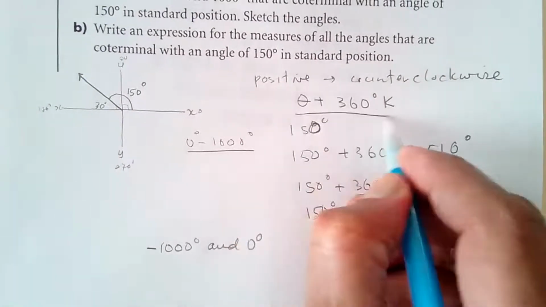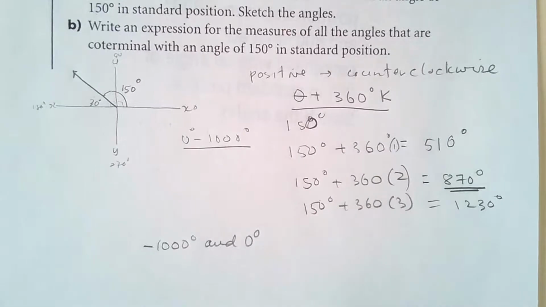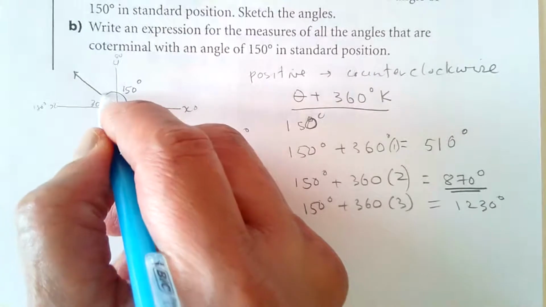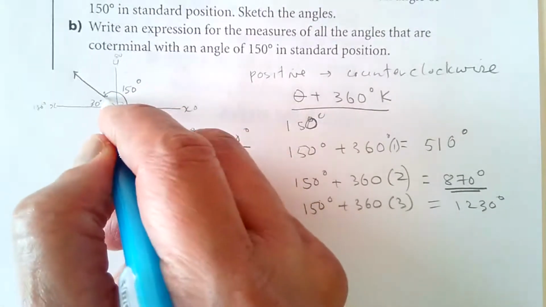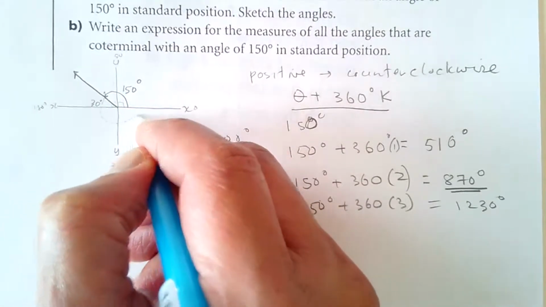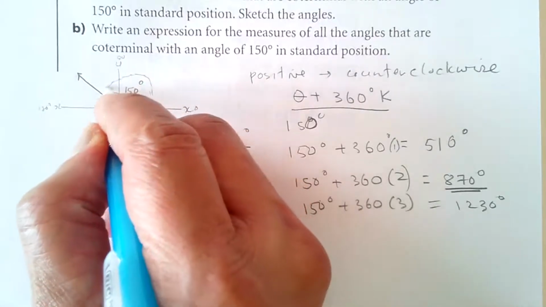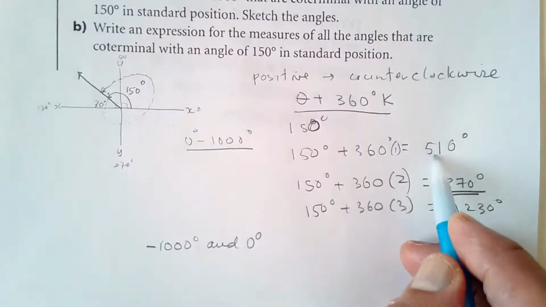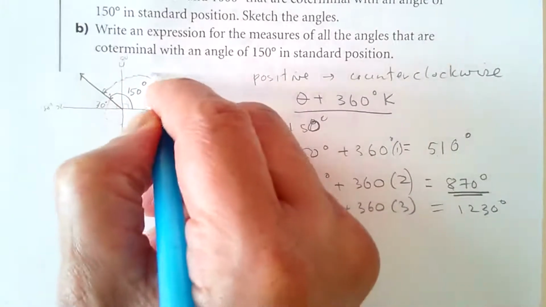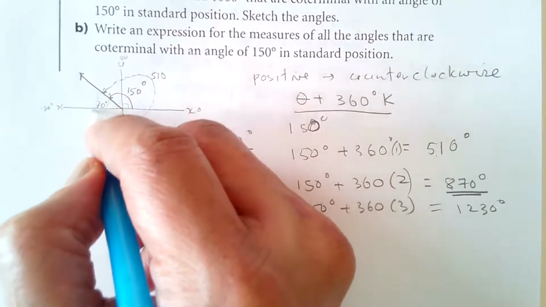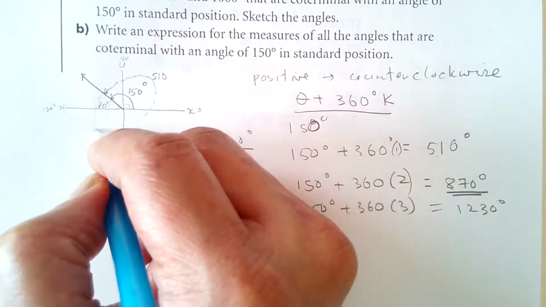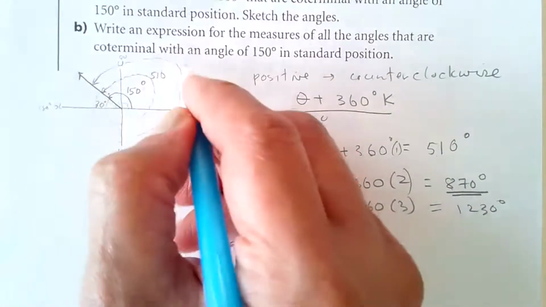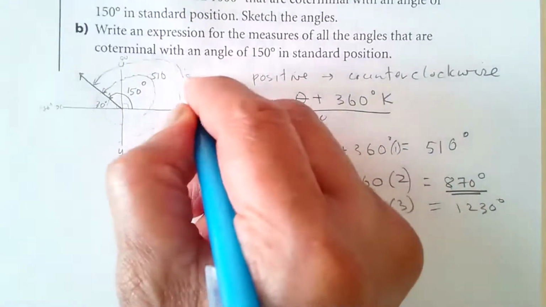Okay, now let's look at the other set. If we continue this sketch, this would be the 510, and if you continue, this one here will be 870 degrees.